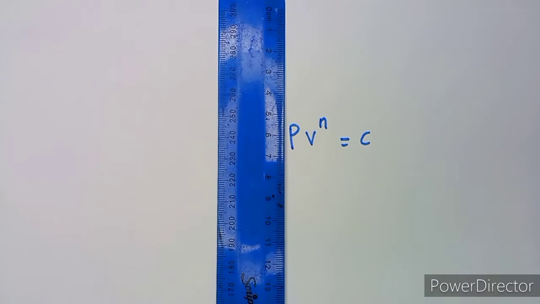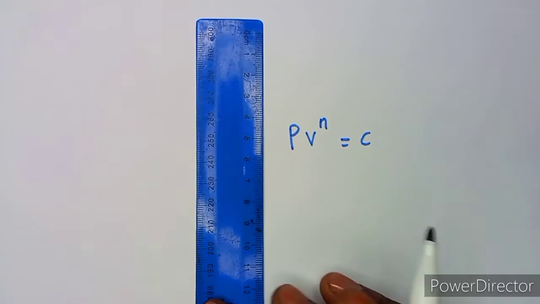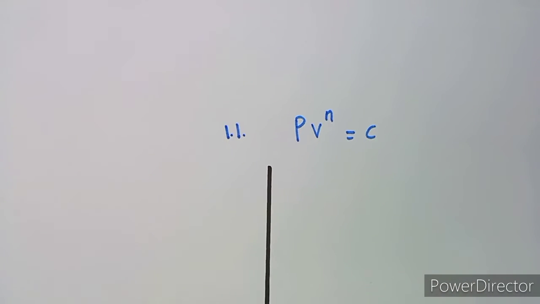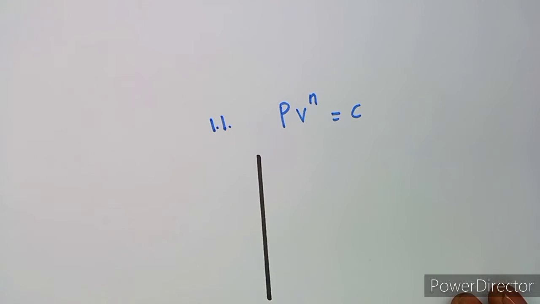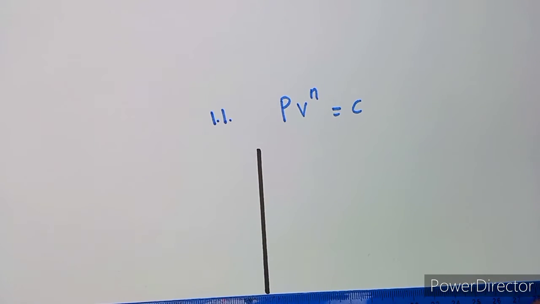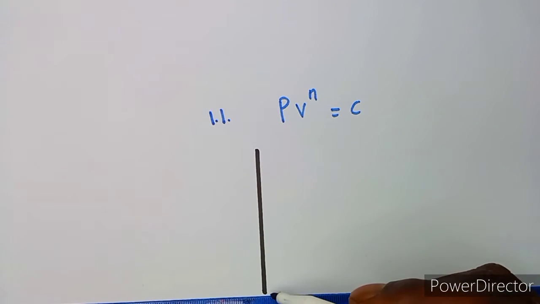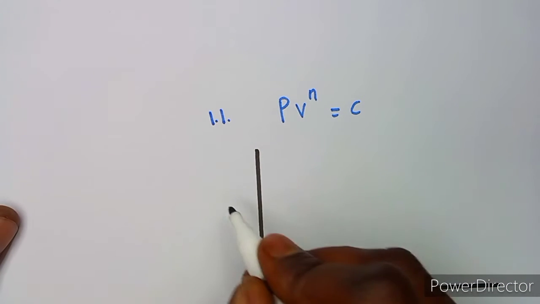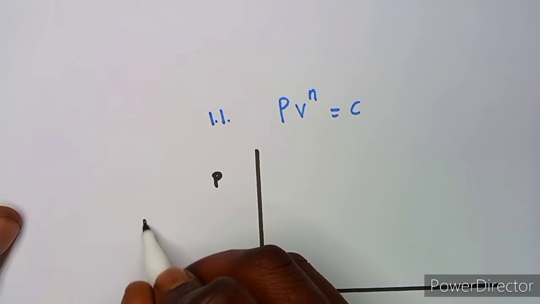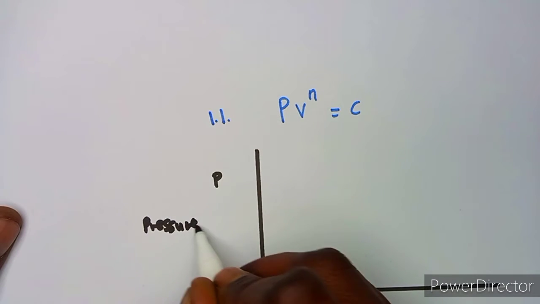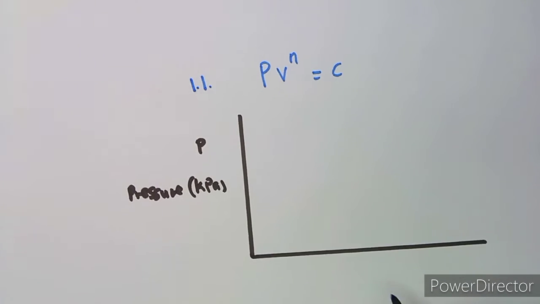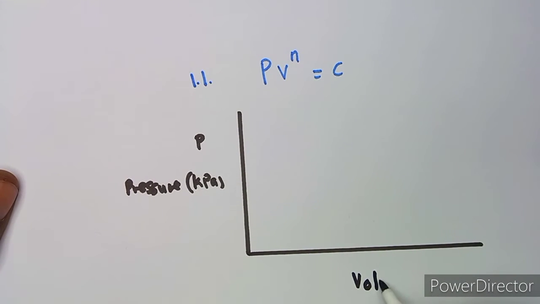So remember our pressure versus volume. That's our pressure, and here on the horizontal axis, that's your volume. Let's write pressure in kilopascals, and this is our volume here, which is in cubic meters.